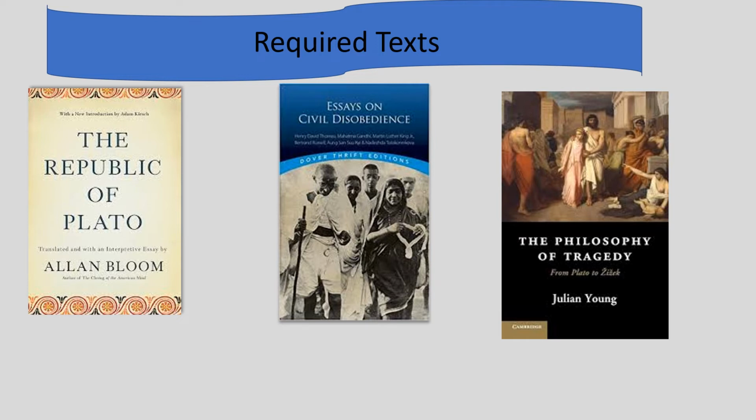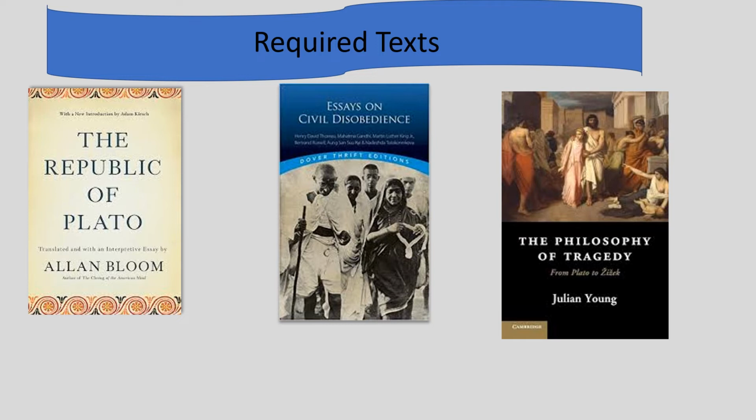The second text is Essays on Civil Disobedience, and this is by Dover Publications. It's like $5 or $6, this text, and it's fairly easy to get hold of, I think, and we'll be working with this when we're dealing with the material on civil disobedience, which is the second module in the course.